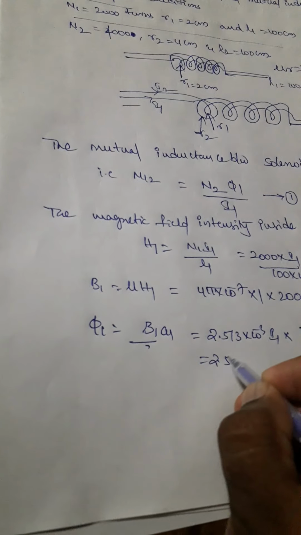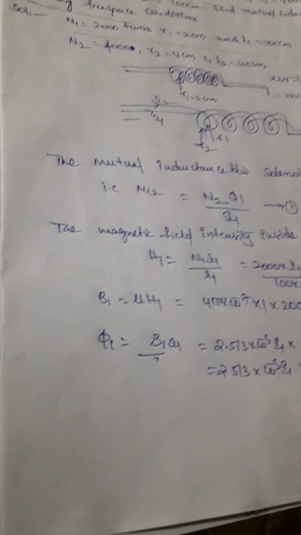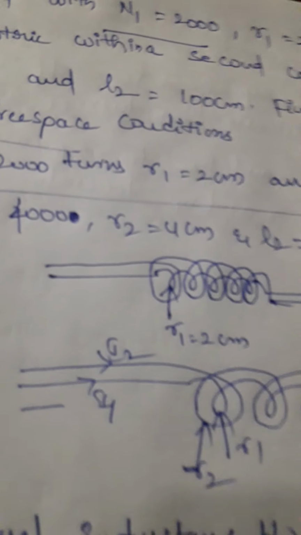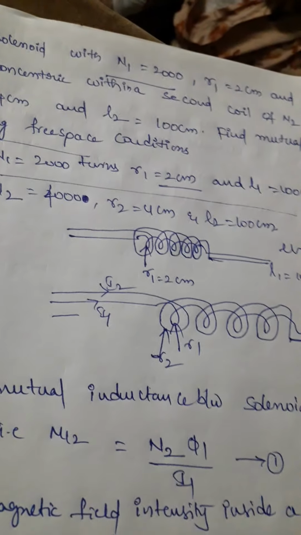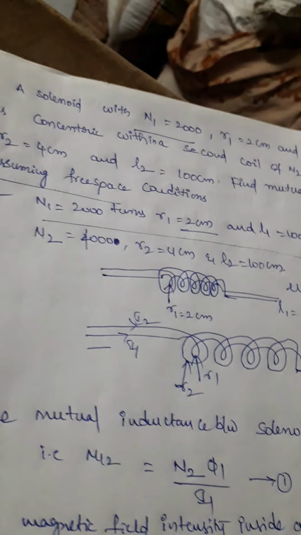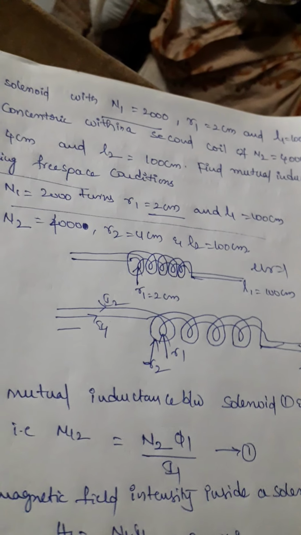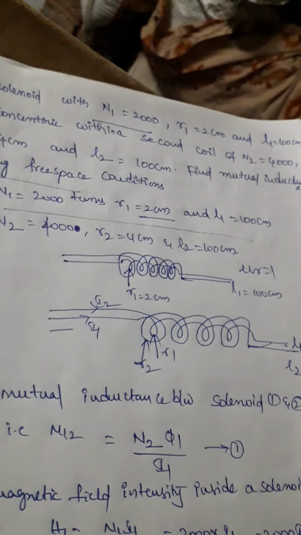So 2.513 into 10 power minus 3 into I1 into 3.142 into r1 square. R1 is 2 centimeter, so 2 into 10 power minus 2, whole square. Finally phi1 is 3.1582 into 10 power minus 6 I1 Webers.